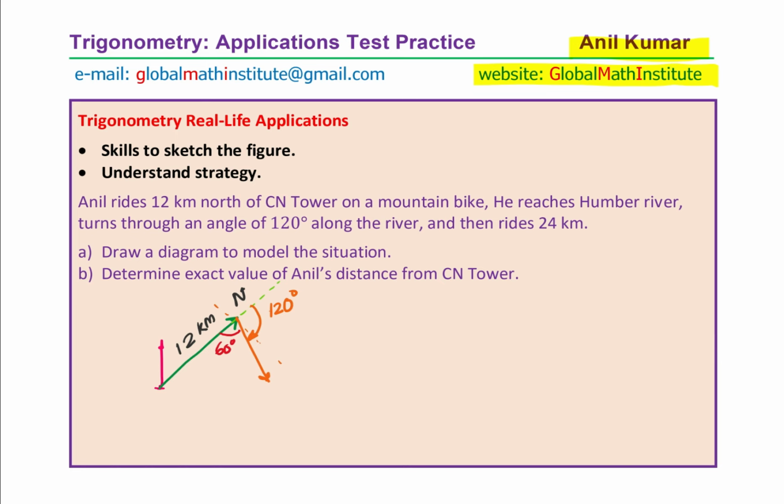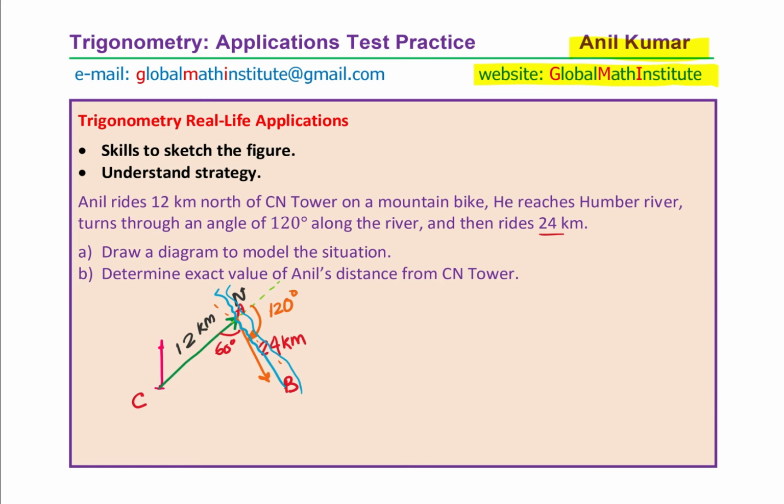And then he rides the bike 24 kilometers. Perfect. So this is 24 kilometers. Let's say this is the CN Tower point C and this is point A from where the turning takes place, and that is B. We have already drawn the diagram. The only part left is the river, so we'll draw the river also. Very beautiful river, which connects to Lake Ontario.